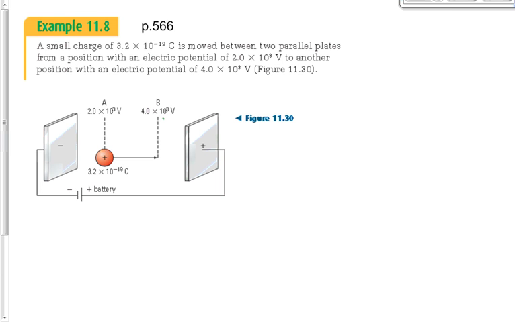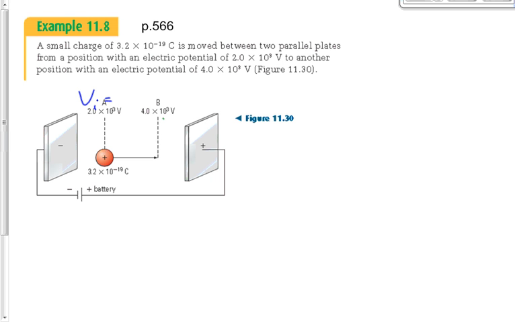Okay, let's read through the question. A small charge of 3.2 times 10 to the minus 19 coulombs. That could be an alpha particle, or it could be something else. It's just some kind of ion that has a couple of extra electrons, or a couple of extra protons. It's moved between two parallel plates from a position with an electric potential of 2.0 times 10 to the 3 volts.